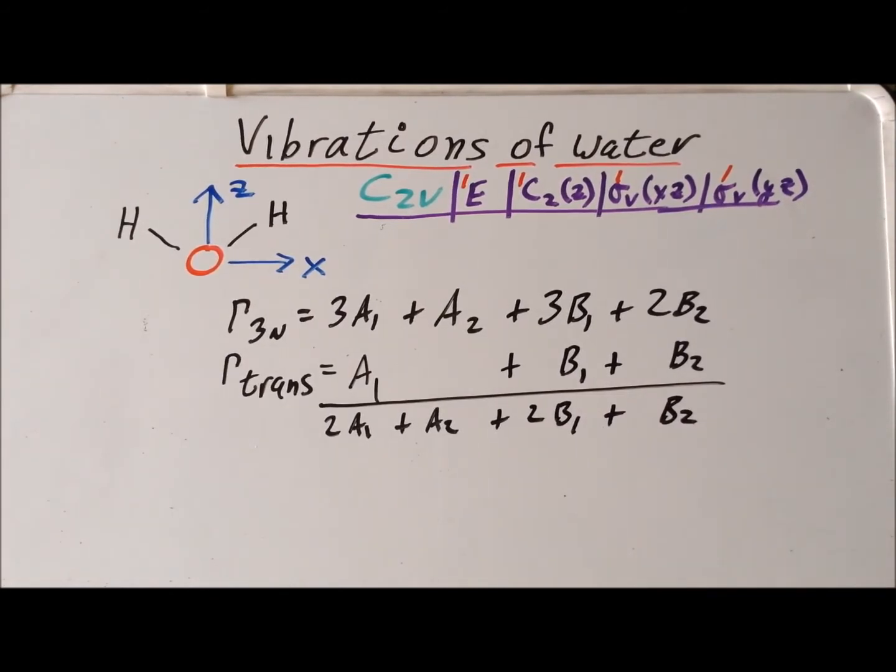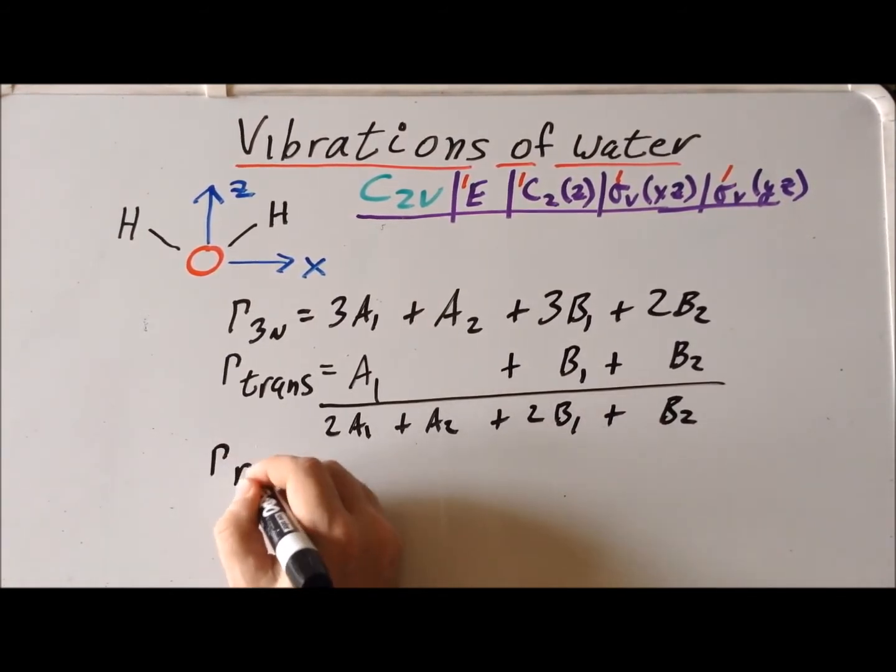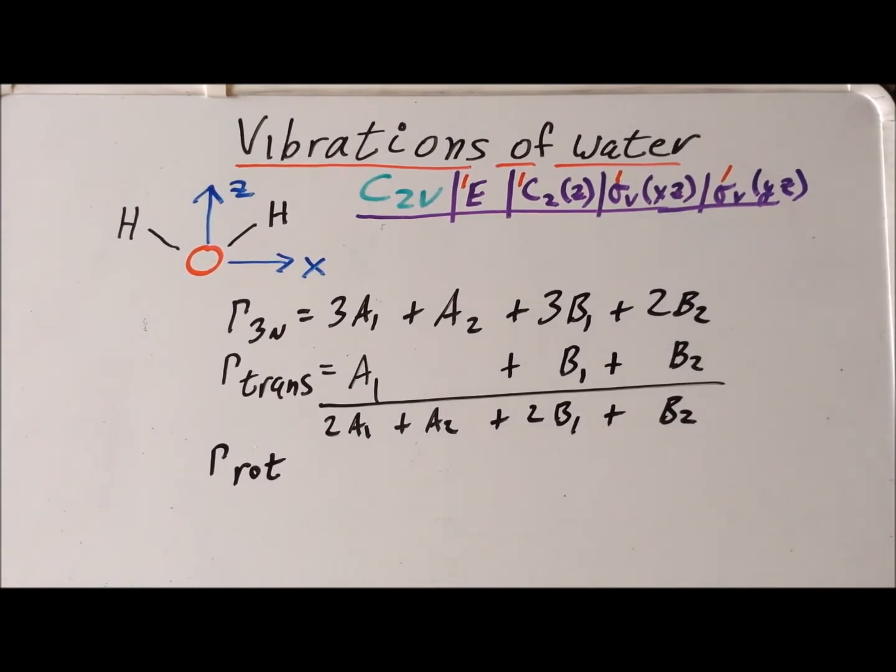Our next step is to subtract out everything that has to do with rotations. Subtract out all our rotational degrees of freedom. And these are even easier to recognize in the character table because these will be the irreducible representations whose basis functions have a big Rx, a big Ry, or a big Rz, which are rotations about the x, y, or z axes, respectively.